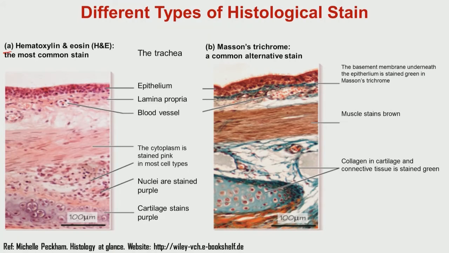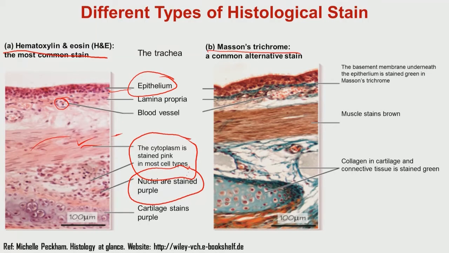One of the commonly used histological stains is hematoxylin and eosin, and the second one is Masson's trichrome stain. This is an alternative stain. Now, what are the things that you want to see more clearly? These are the blood vessels here, and this is also epithelium. You can clearly see the cytoplasm is stained pink in most cell types, and nuclei are stained purple, and this cartilage is also stained purple.